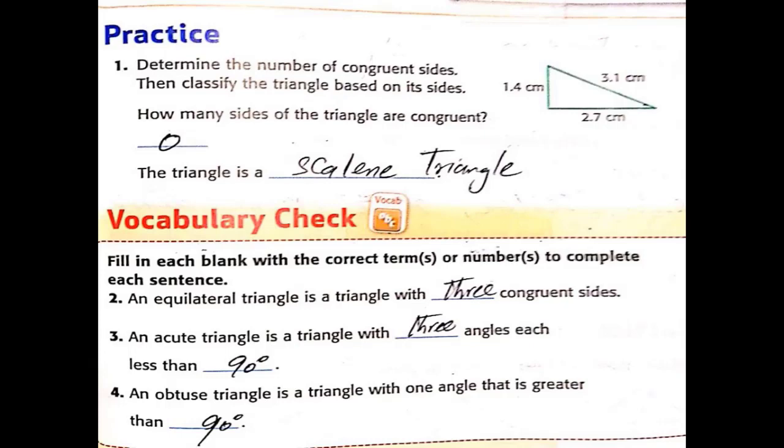An obtuse triangle is a triangle with one angle that is greater than 90 degree. One angle is greater than 90 degree and less than 180 degree. This is called obtuse angle, and the triangle having one angle obtuse is called obtuse triangle. Right, my dear students?